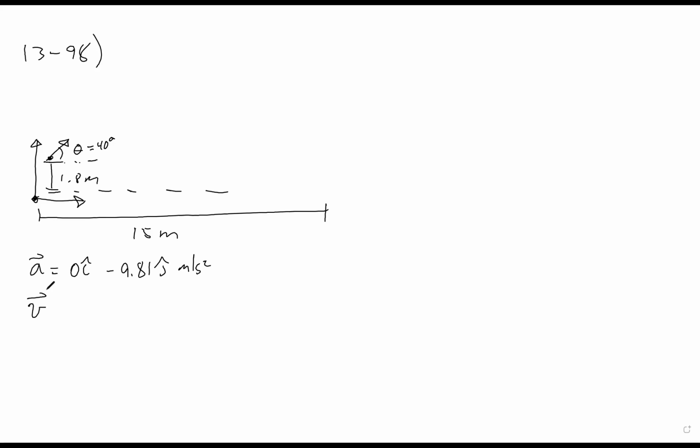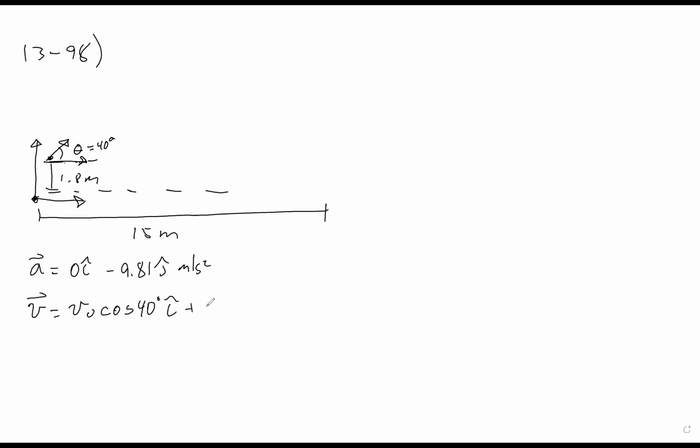There is going to be an initial velocity in the i hat and j hat direction. The initial velocity in the i hat direction is going to be the horizontal component of the initial velocity. That is not given to us, but the direction is at least given to us. So we don't know the initial velocity, but we know it will be v naught cosine 40 degrees, and that will be the i hat component of the velocity.